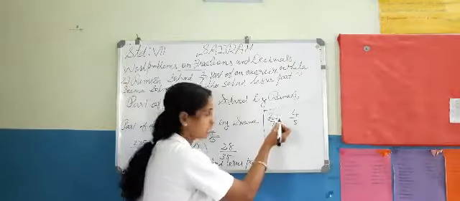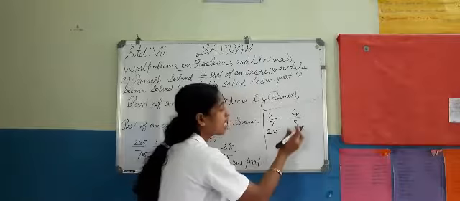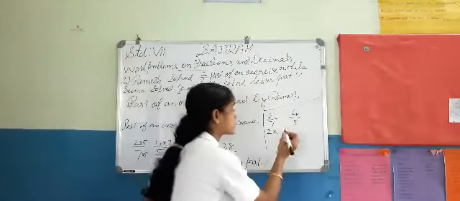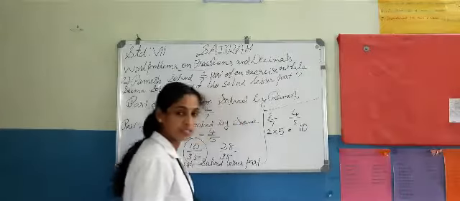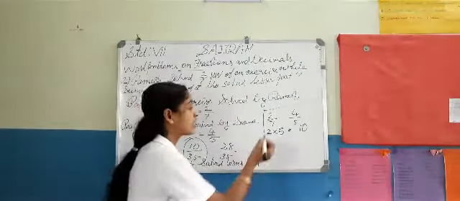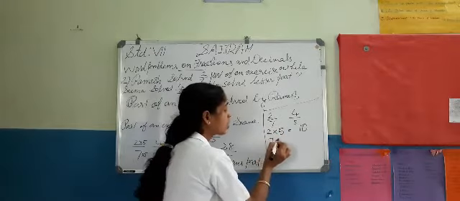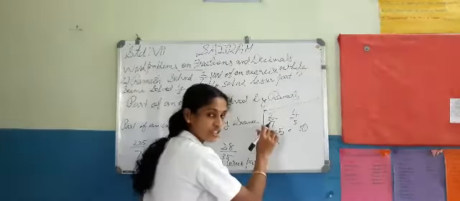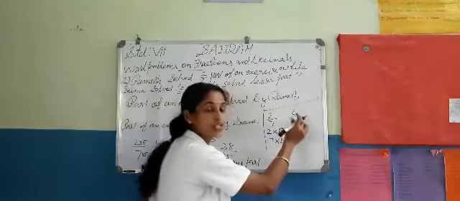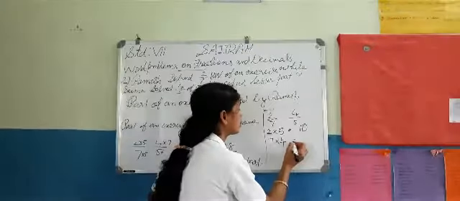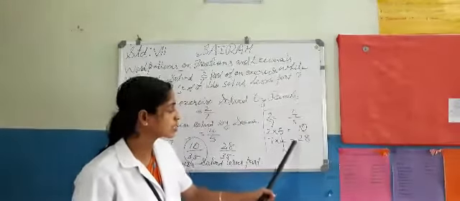The numerator of the first fraction into the denominator of the second fraction, we get 10. In the same way, we take the denominator of the first fraction into the numerator of the second fraction, we get 28.